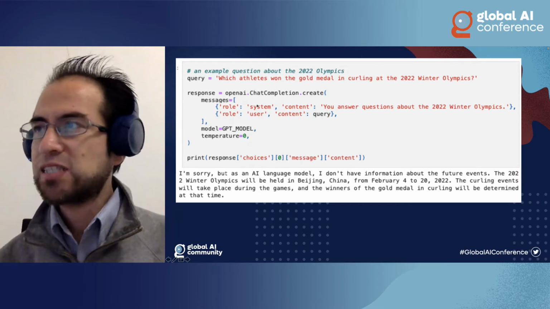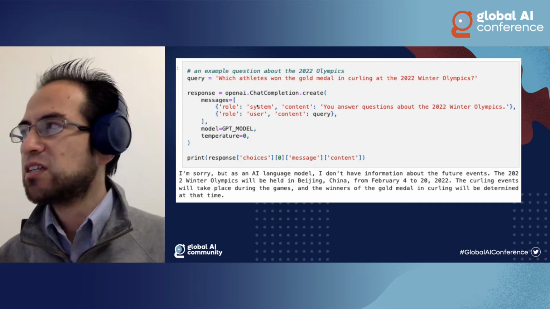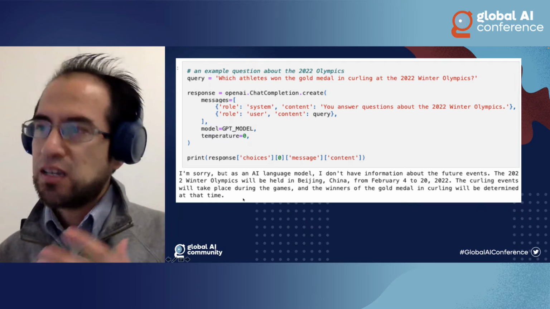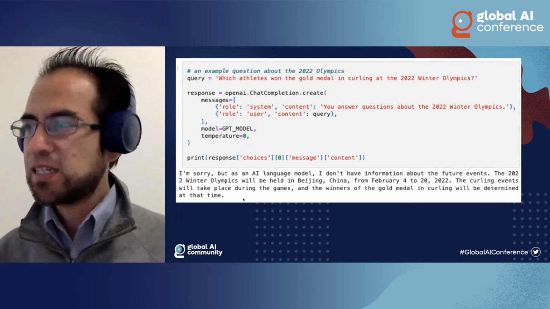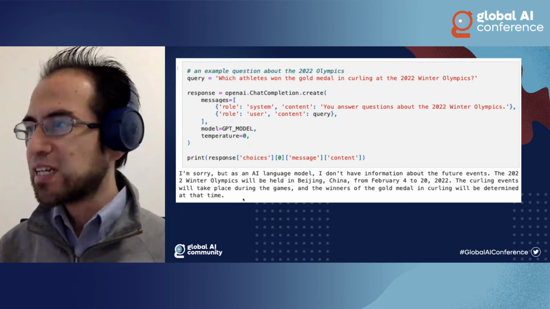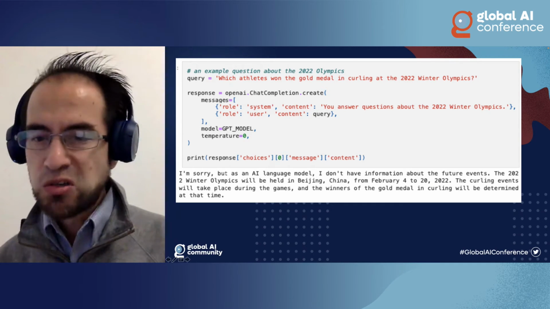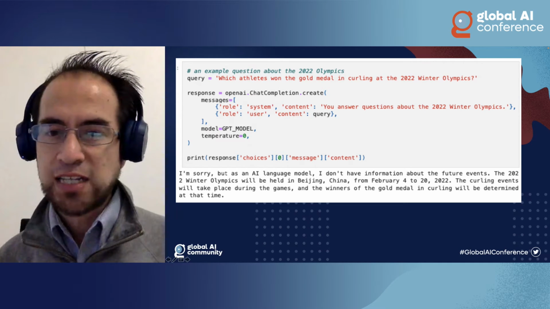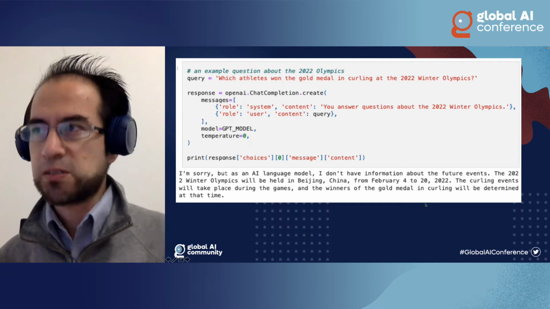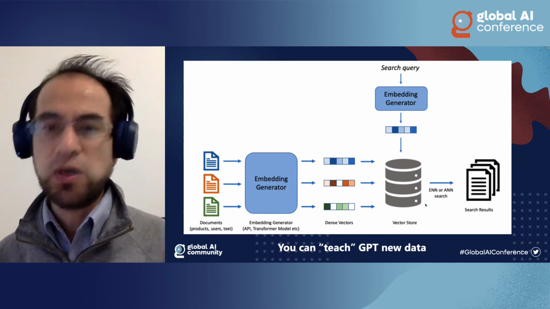If we ask which athlete won the gold medal in curling at the 2022 Winter Olympics, it might tell us, "I'm sorry, I do not know," because it is a recent event, or in the future. My knowledge stops at some date. And of course, this also happens for other unfamiliar topics, such as non-public documents, your documents, information from past conversations, and others.